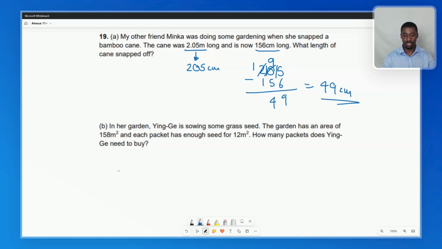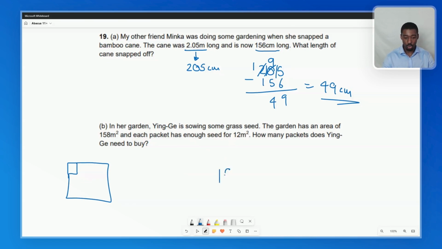And now for part B, we're told that in her garden, she's sowing some grass seed, and the whole garden has an area of 158 meters squared, each packet is only enough to cover 12 meters squared. So we need to work out how many packets she needs to buy. So here it's simple division.